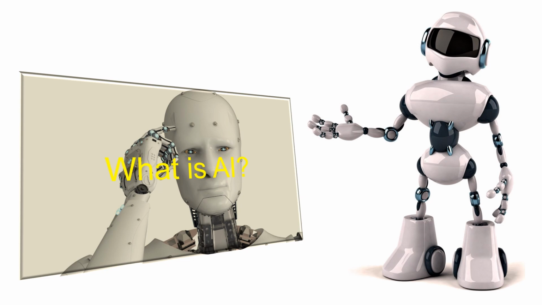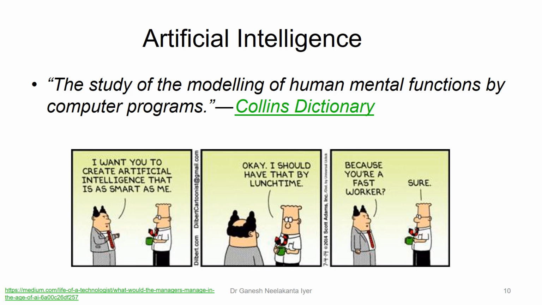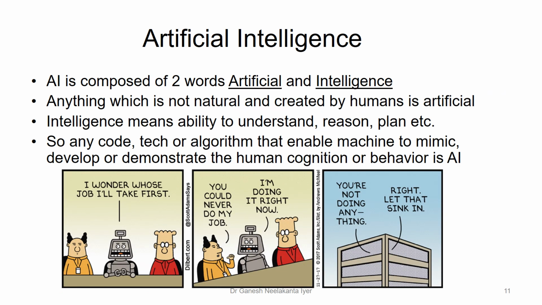Now with that context introduction, let me ask you, what is artificial intelligence? As per the dictionary reference, the study of the modeling of human mental functions by computer programs is the simplest definition of artificial intelligence. It is composed of two words, artificial and intelligence.